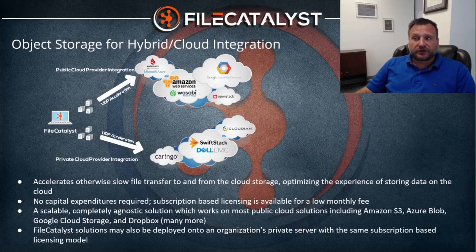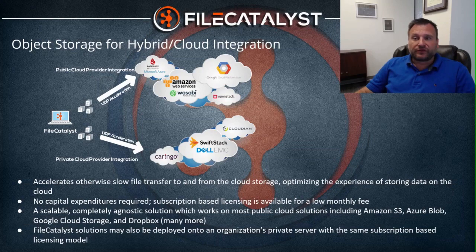The FileCatalyst Direct server, as I mentioned, can connect to many different data storage locations. It can do, of course, local drives. It can do NAS or SAN using UNC paths. It can do NFS mounts, but can also connect using object storage.